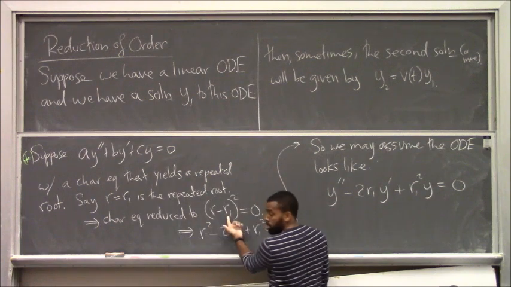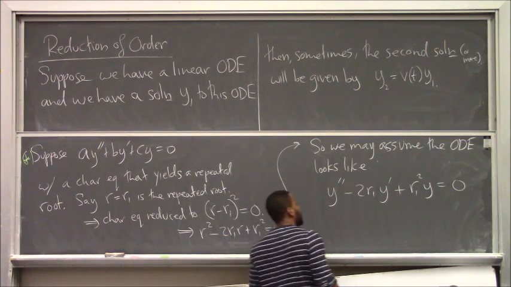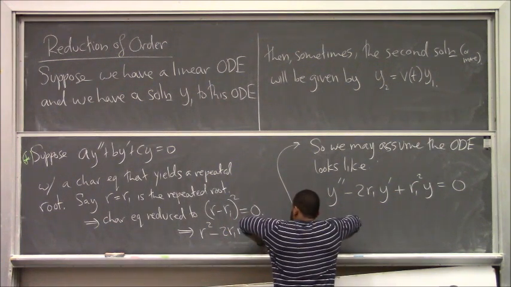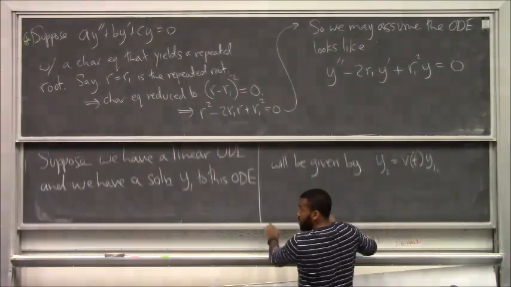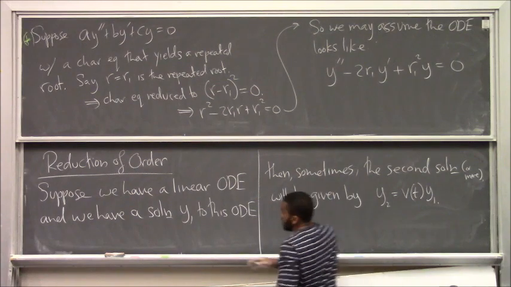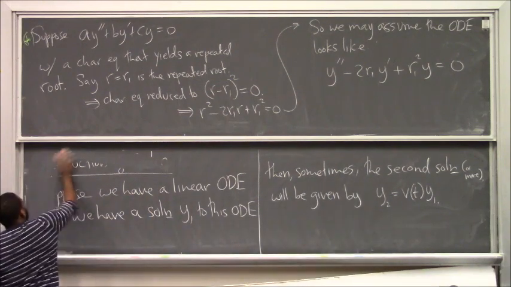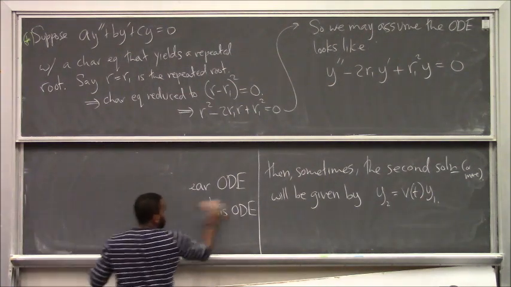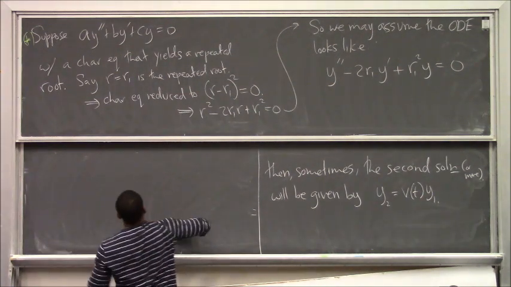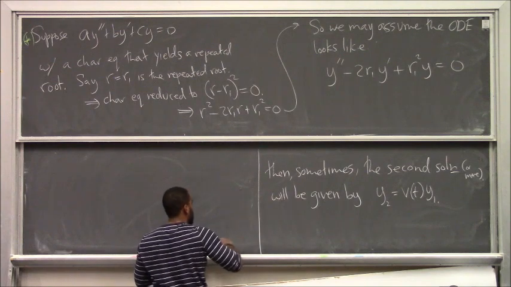Now, this r1 could be a complex number. It doesn't matter for our exercise. Although when it comes to complex numbers, they come in pairs.